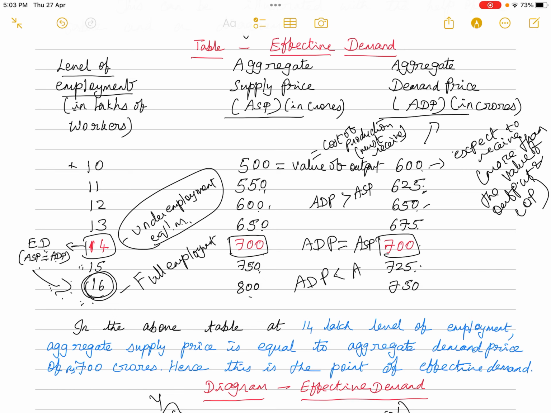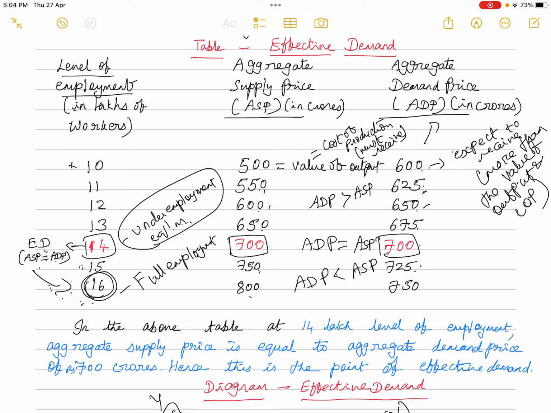So at this point, aggregate demand price is lesser than aggregate supply price. When the producers think that they will receive less than their cost of production, 750 crores is the cost of production, but they were expecting to receive only 725 crores when they employ 15 lakhs amount of labor force. When they employ 16 lakhs amount of labor force, 800 crores is the cost of production, but they are expecting to receive only 750 crores, that is their aggregate demand price.